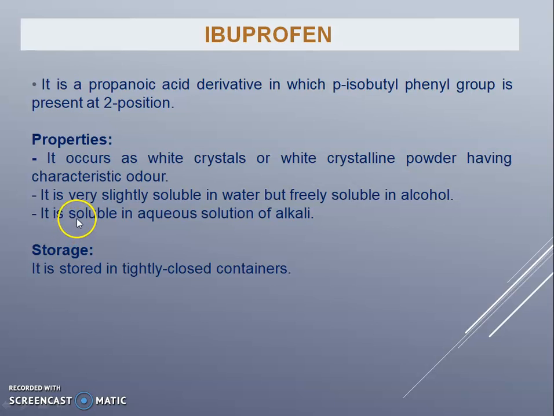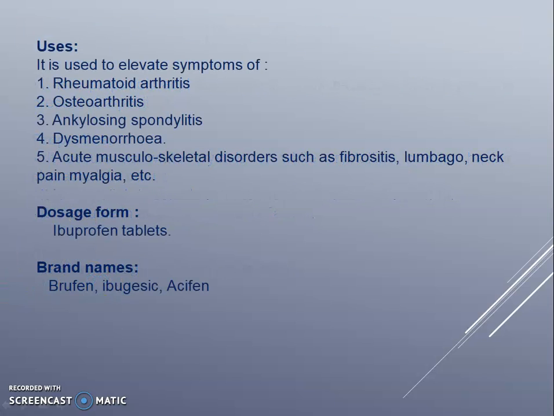Storage condition: it should be stored in tightly closed light resistant container. Uses: it is used to alleviate symptoms of rheumatoid arthritis, osteoarthritis, ankylosing spondylitis, dysmenorrhea, acute musculoskeletal disorders such as fibrositis, lumbago, neck pain, myalgia. Dosage form: ibuprofen tablet, and the brand names are Brufen, Ibugesic, Aciphen.